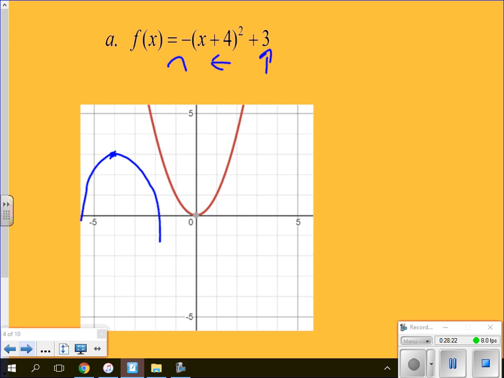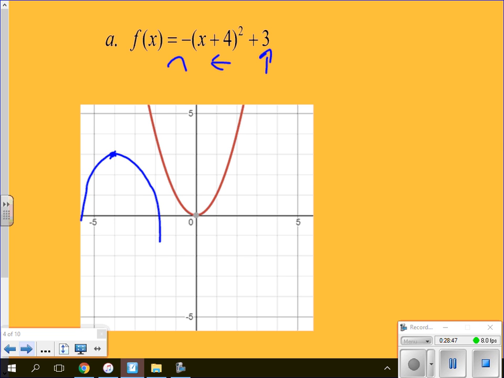And even when you do it on your calculator, you do understand that your calculator is not showing exactly what the graph looks like, depending upon your window. If your window goes from -10 to 10 and -10 to 10, that would be a perfect square, right? But is your graph a perfect square?